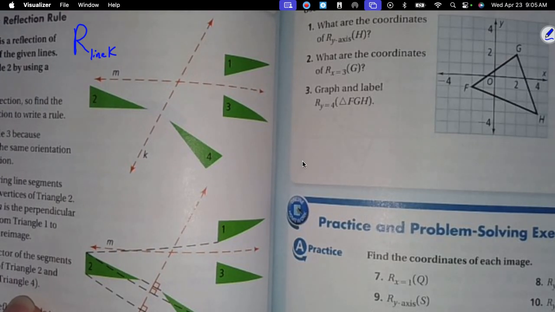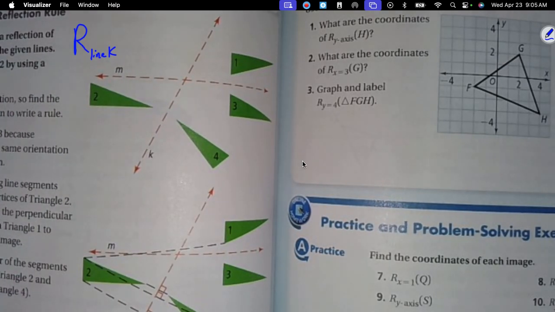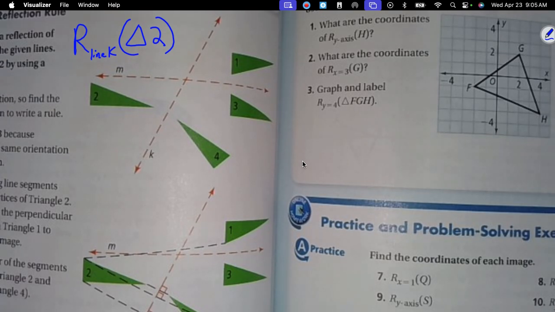They put triangle 4, I guess, is what they're going to do. Or maybe I'm just going to put triangle 2, because that's where I start. I'm going to take triangle 2 and reflect it over line K. I think their problem was worded the opposite. Okay, are we good with that? Reflection rule is R, line K.